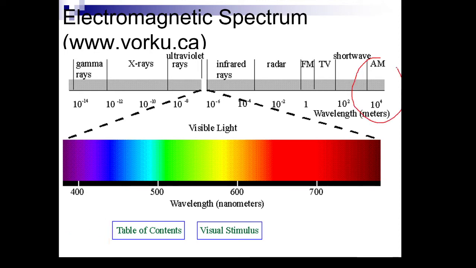Way down here we have gamma rays way up here. If we go in this direction, we're increasing our wavelength, which means we're decreasing our frequency.